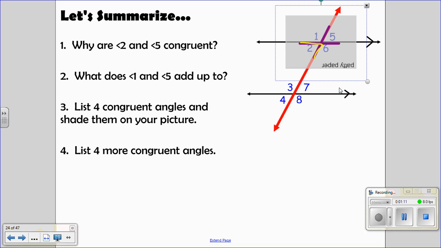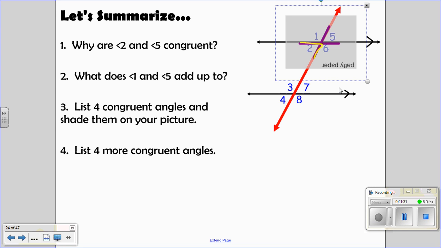You'll notice that the line I just highlighted pretty much fits exactly where 2 is. So that's one reason it's congruent. They've simply just fit inside one another.